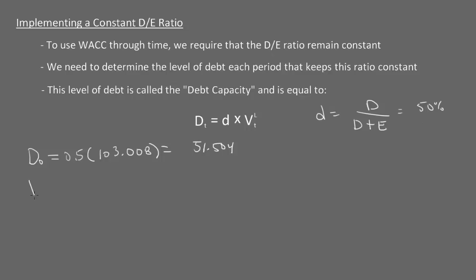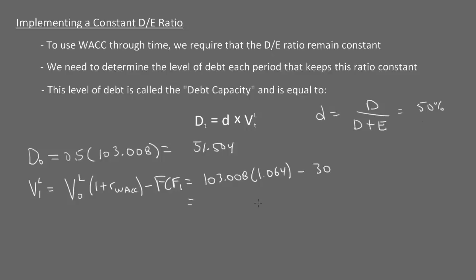Now we can continue to calculate the amount of debt for the first period. What we need is the levered value at time 1, and we can use a shortcut formula as follows. You take the levered value at time 0, multiplied by 1 plus your WACC, minus your free cash flow at time 1. So we take 103.008 multiplied by 1 plus our WACC, minus our free cash flow.